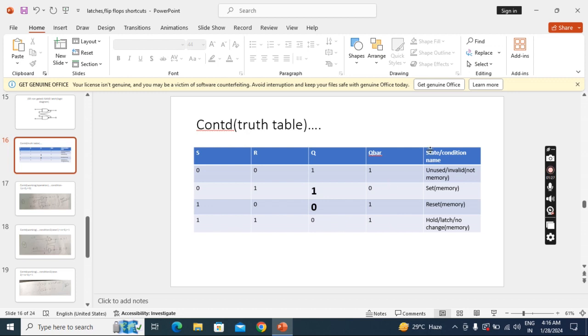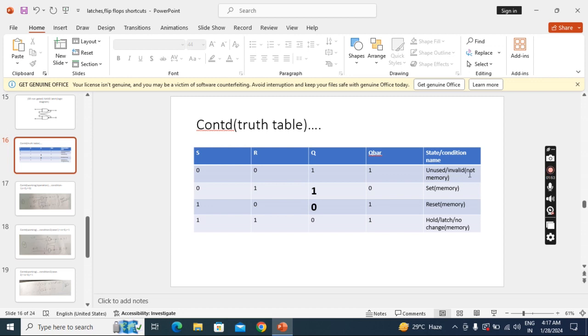Okay. So here this is the state name or condition name. Whenever both outputs are 1 1, both are the same, that we consider as an invalid condition, because both outputs should be complementary. So that condition is violated. That's why it is an invalid or not used condition.